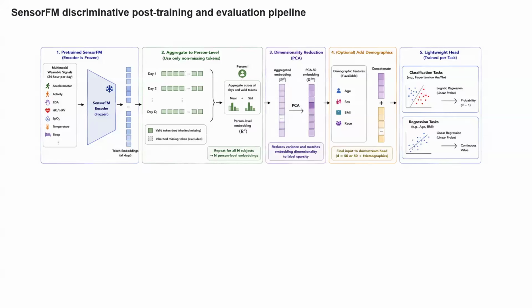For a token, what is the size of the input? Basically, I think it was 20 into 1. I think I removed that information, but it had a 20-minute window. Yeah, I think 21.